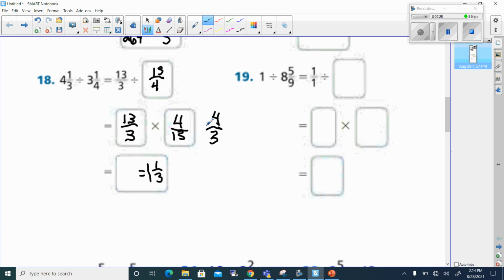And the book would say that if I did it the long way, the harder way, I would have 13 times 4 to be 52. And then 13 times 3, which I imagine would be 39.